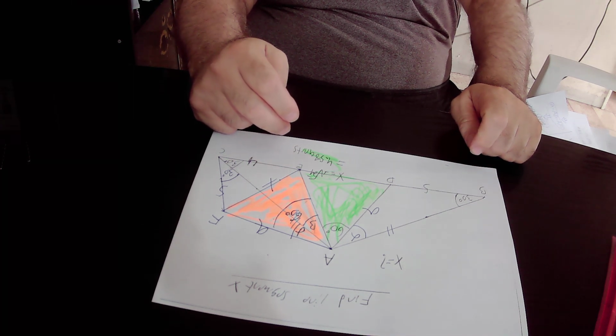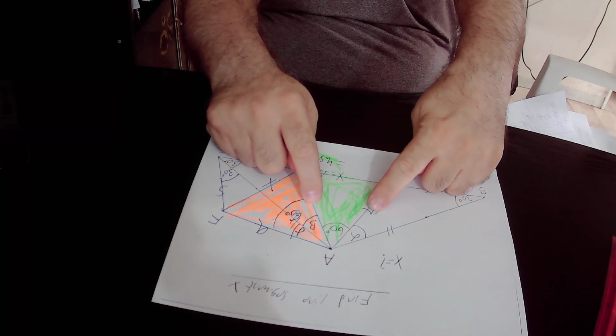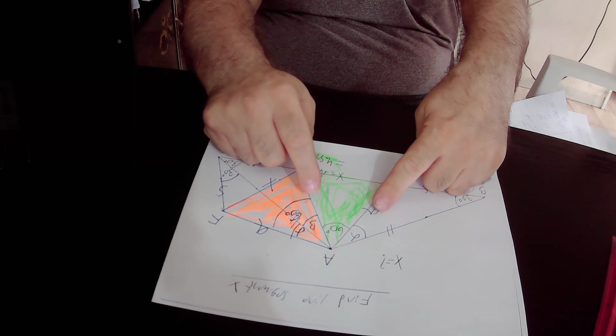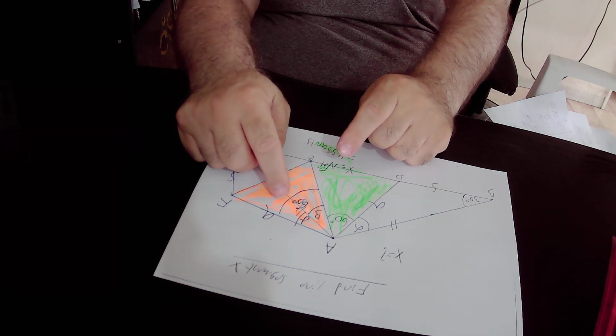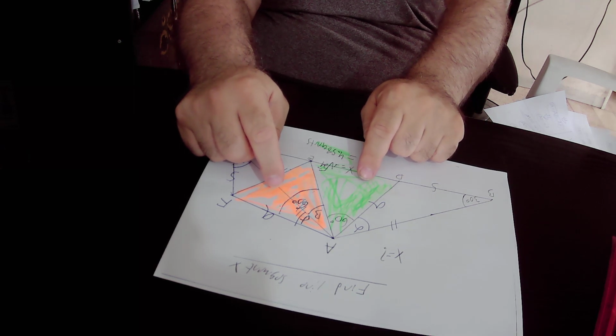We'll explain what I mean. Here, those two sides and the angle that is included between those two sides in the green triangle can go into those two sides and the included angle in the orange triangle. Therefore, those two triangles can go into each other according to the side angle side rule.